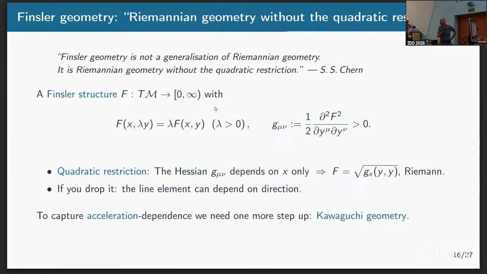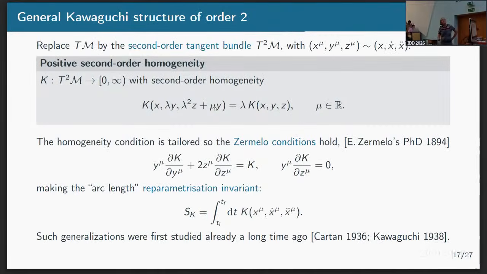So, as I told you, think here manifold coordinate, tangent bundle, for us velocity. To get a structure that depends also on acceleration, we need one more step. And this next step is kind of obvious. What you need is to go to the second order tangent bundle. You just need to introduce the extra coordinate that would correspond to the acceleration in the problem.